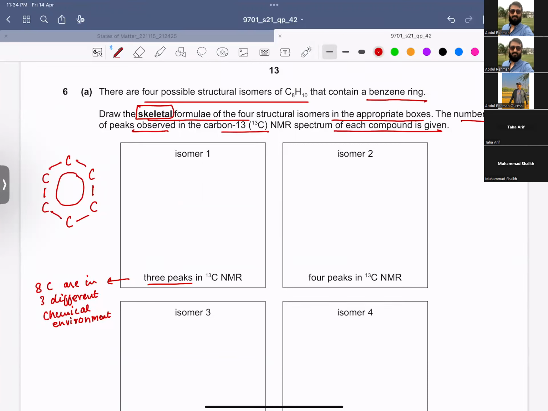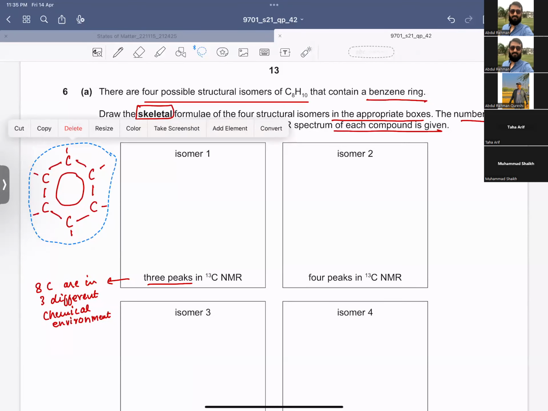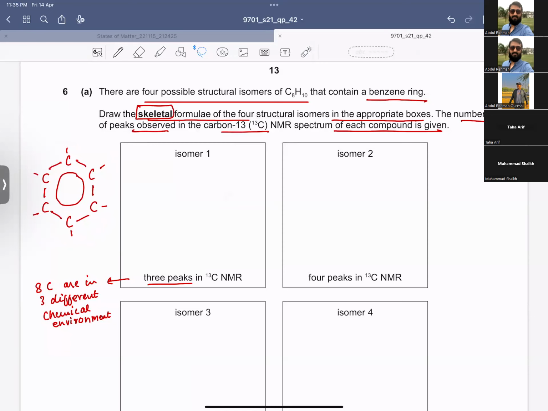And there are hydrogens bonded to each benzene ring. Okay, I'm not putting the hydrogen right now. So its formula is C8H10.